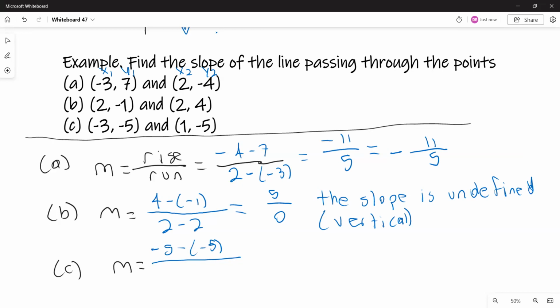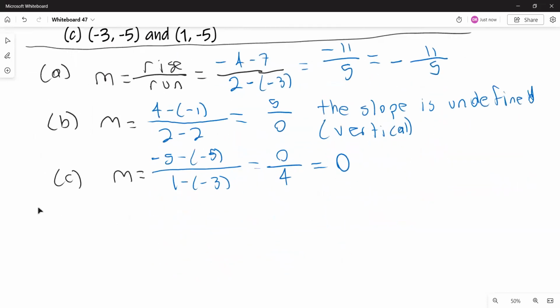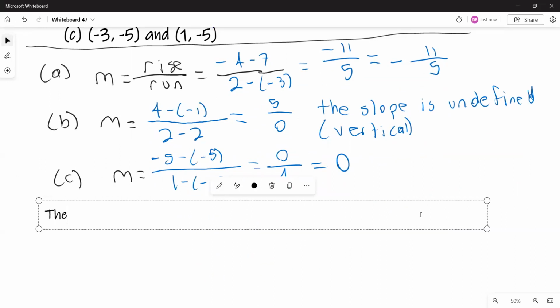Looks like it's not going anywhere. Vertical is not going anywhere, over 1 minus -3. But -5 minus -5 is going to be 0. And 1 minus -3 is 4. So the slope is 0. And the line is going to be horizontal. So that's the next note: the slope of a horizontal line is 0.